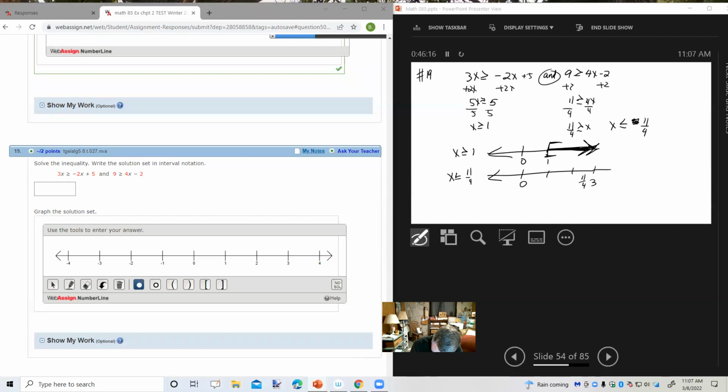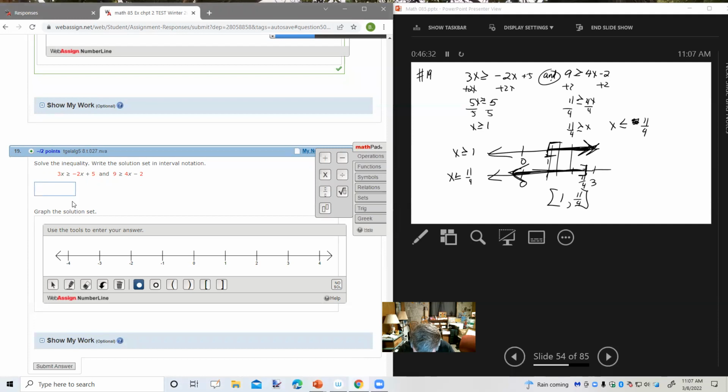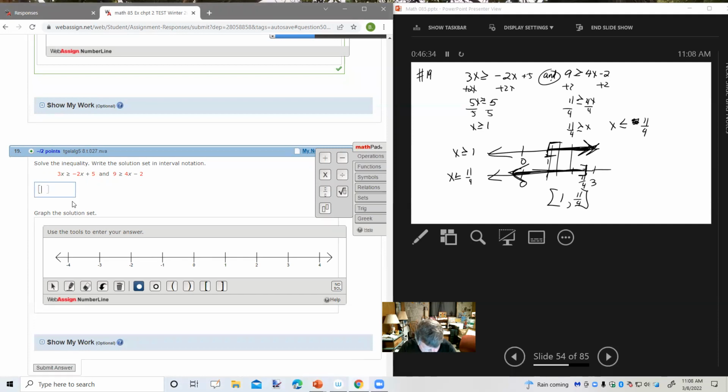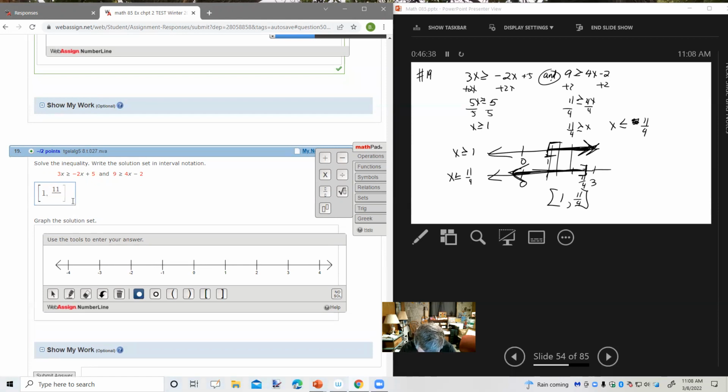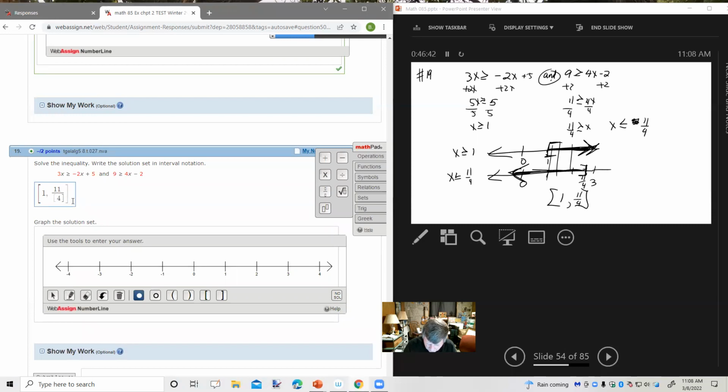And that's going to be a bracket and an arrow going to the left, but we want the intersection. So that's going to be from 1 to 11 fourths with brackets on both ends. So bracket 1 comma space 11 fourths and then bracket. Whoops, something went wrong there.